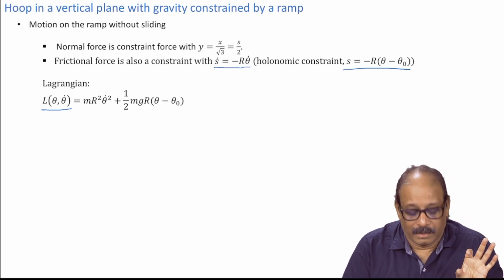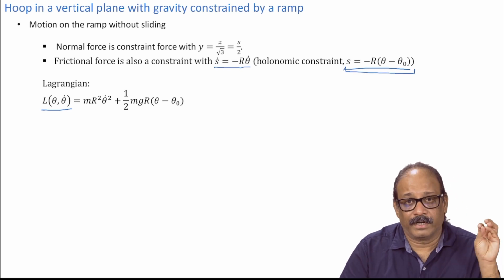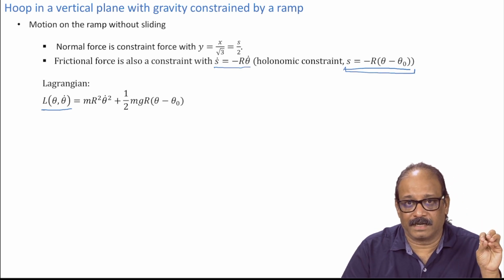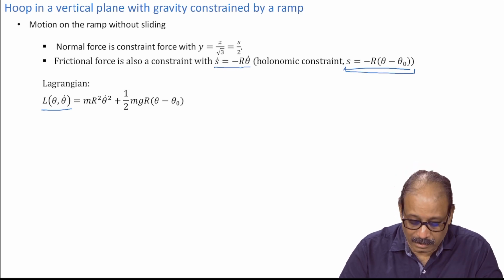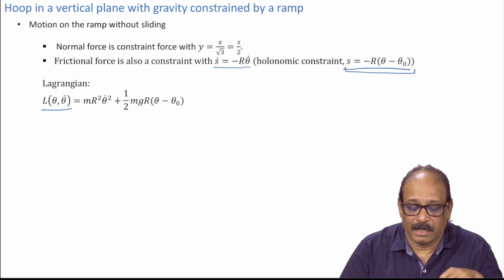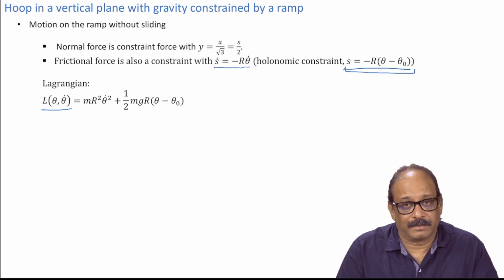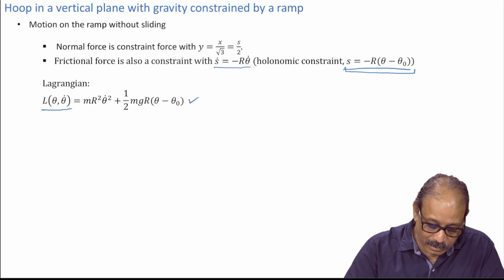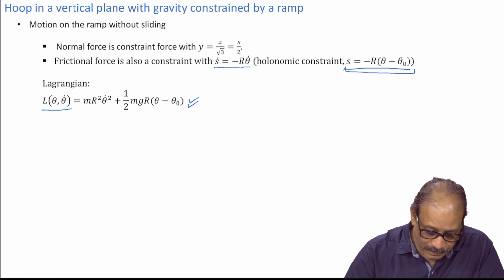Same trick, you already have an equation between s and theta. So, wherever s dot was there in the previous Lagrangian, replace it by minus r times theta dot, and wherever s was there, replace it by minus r times theta minus theta naught. That gives you this new Lagrangian. Equation of motion, just one.